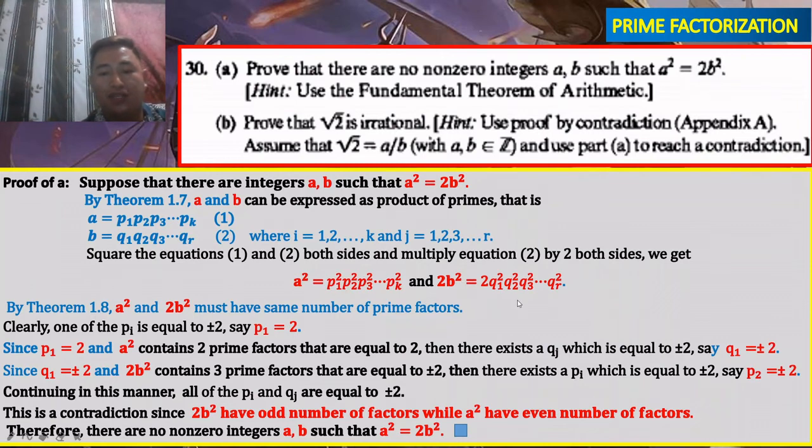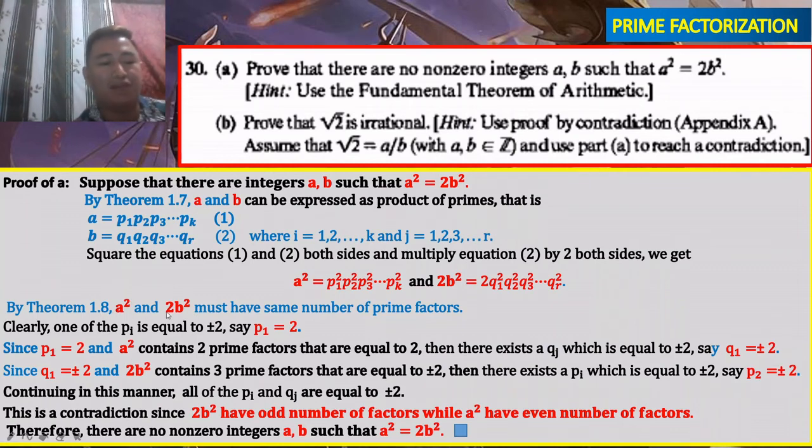Nya diri ka sa 2b squared kung puros ni siya 2 raman di ay ning mga q. Hala. Even na diha, na may isa ka 2 pa diri sa pikas. So meaning odd number ang factors ni 2b squared. So this is a contradiction since 2b squared have odd number of factors while si a squared class have even number of factors. This is a contradiction by theorem 1.8.